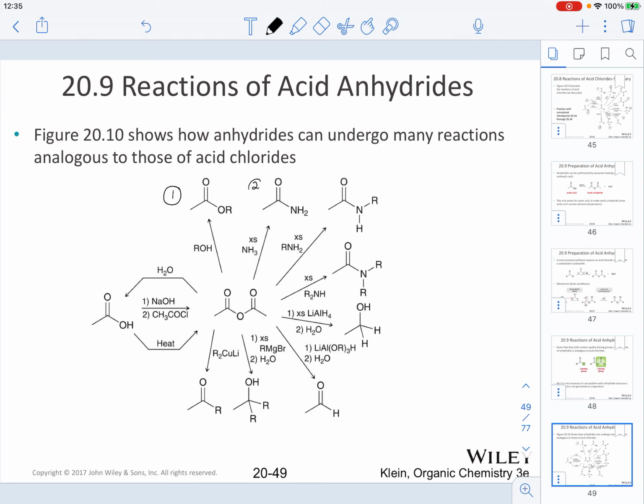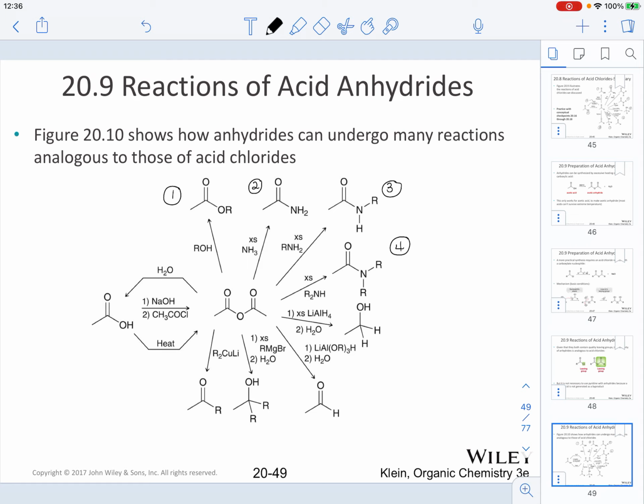Reactions 2, 3, and 4 are reactions for the formation of an amide. In reaction 2, we have excess ammonia to make an amide that has 2 hydrogens on the nitrogen.